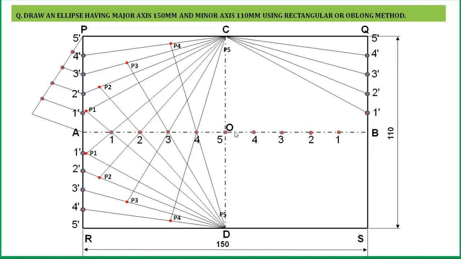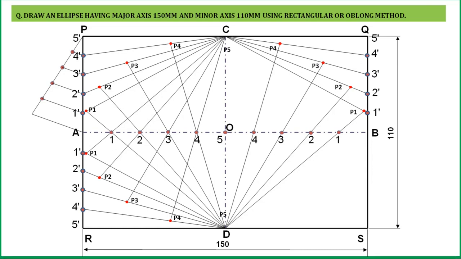Taking the opposite point of C, that is D, join D with 1 and extend up to 1 dash C to obtain the first point. Similarly, join D with 2 and extend up to 2 dash C to obtain the second point. In this way, connect all these points with D and extend up to the corresponding points to obtain the third and fourth points of an ellipse.